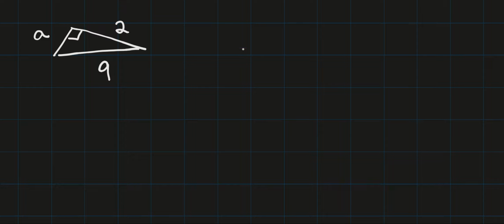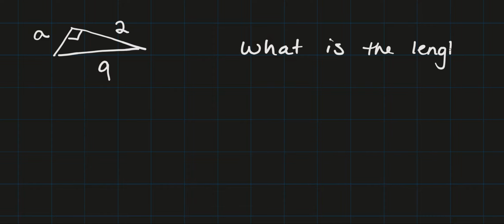So let's change the way this right triangle looks. Okay, let's say I put it on its side. I want to call this side A. Let's let this side be 2, and this side be 9. What is the length of side A?